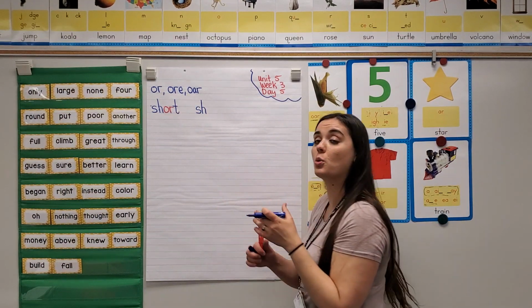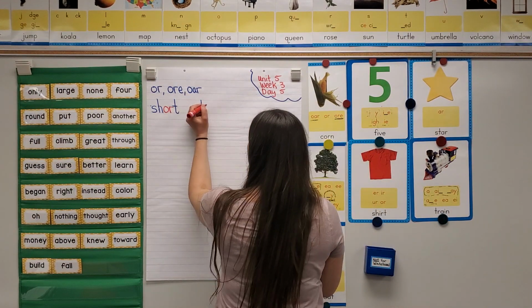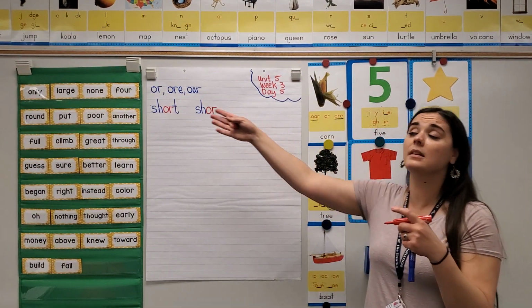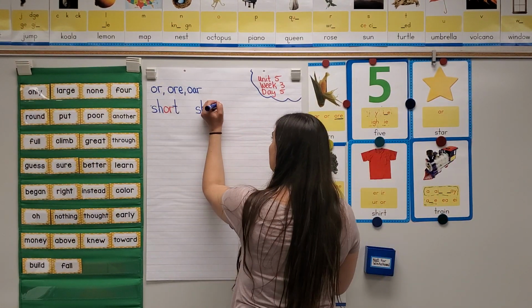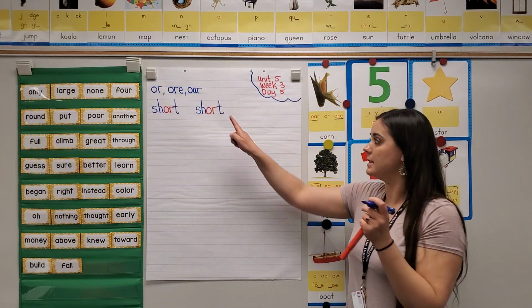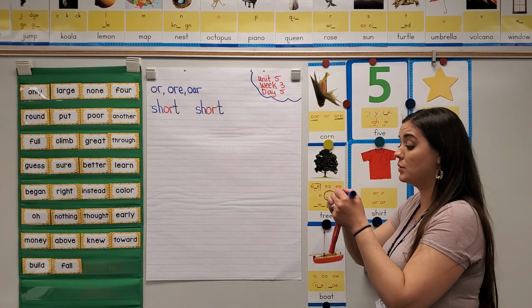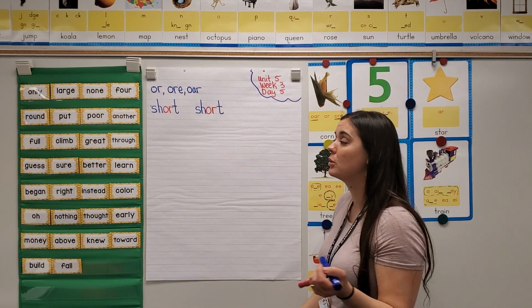I'm going to make the word shorter, S-H, sh. Still have O-R. In fact, we still have the entire word short. And T says ta, sh, or t, short. So in this word shorter, short is the base word, the root word.